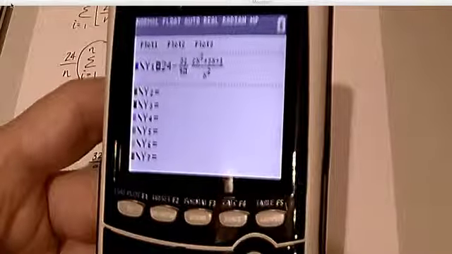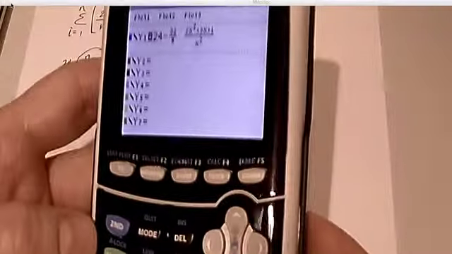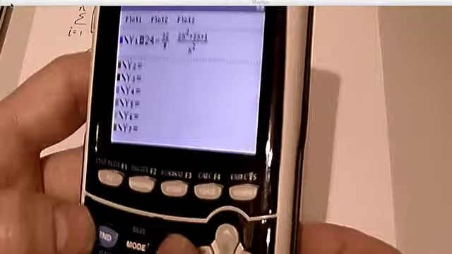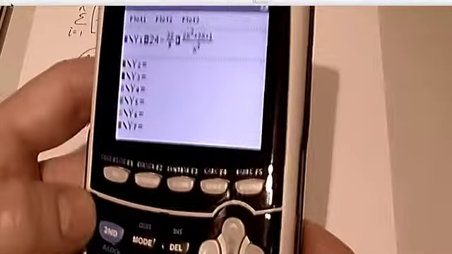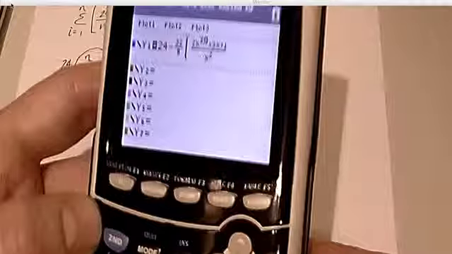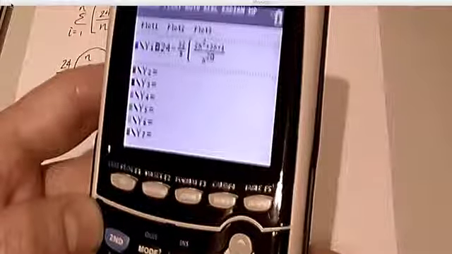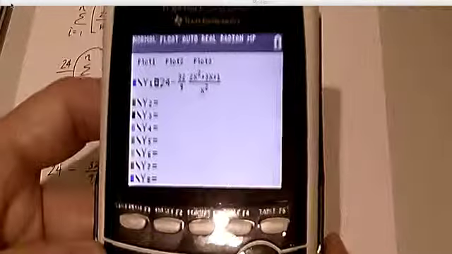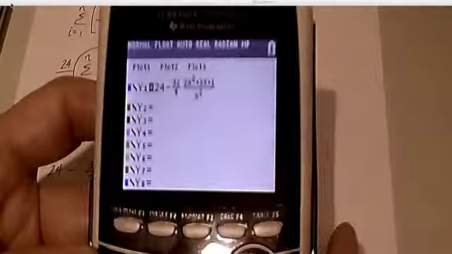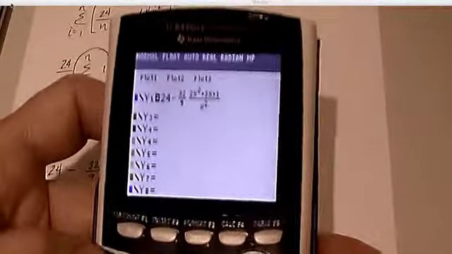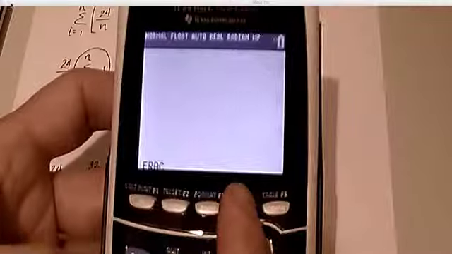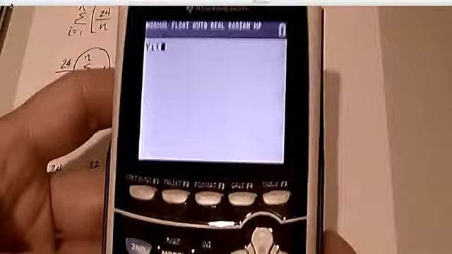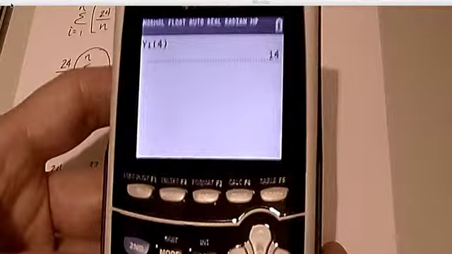Let's go ahead and insert parentheses, and we'll run just to make sure that the notation's all nice according to the algorithm that it runs on. And so what we have here is a function. So we can go to the main screen and we can evaluate y1 at 4, and it's 14.